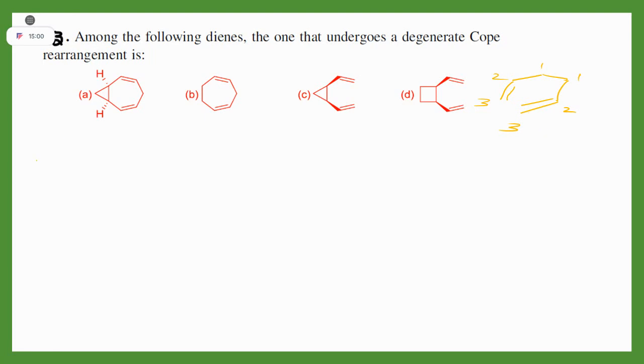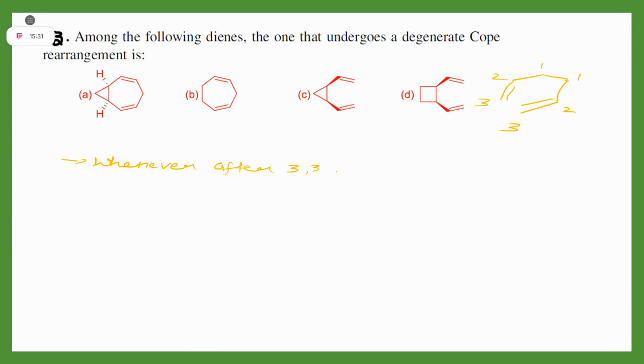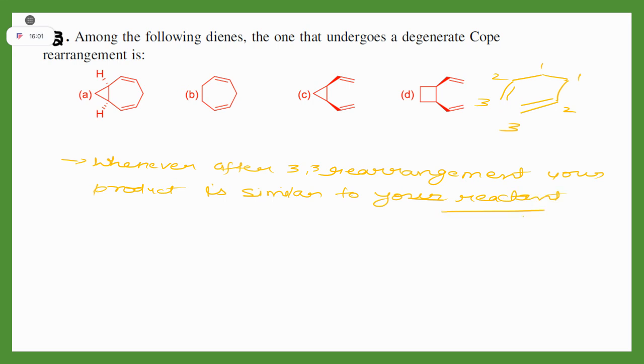Degenerate means whenever, let me write here, whenever after 3,3 rearrangement your product is similar to your reactant. That is known as a degenerate Cope rearrangement.